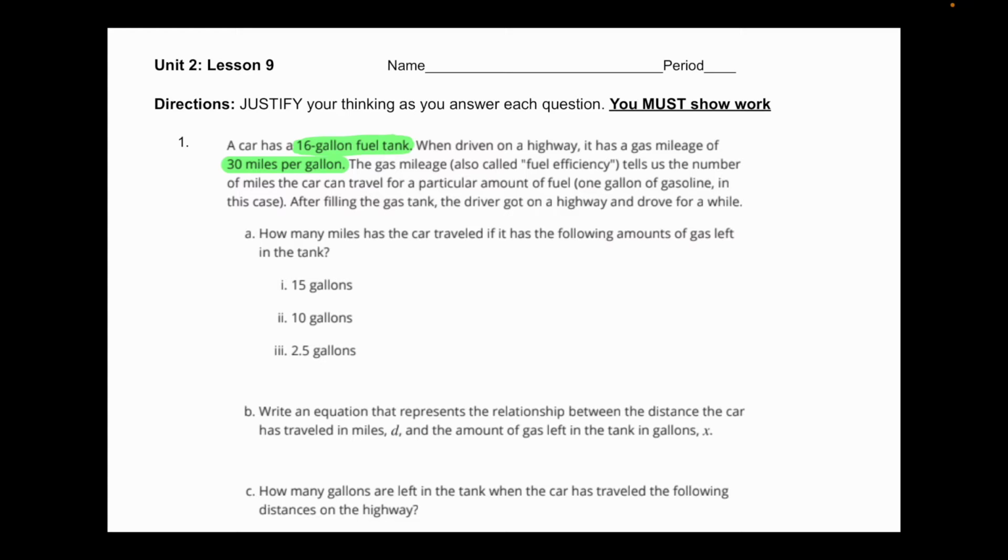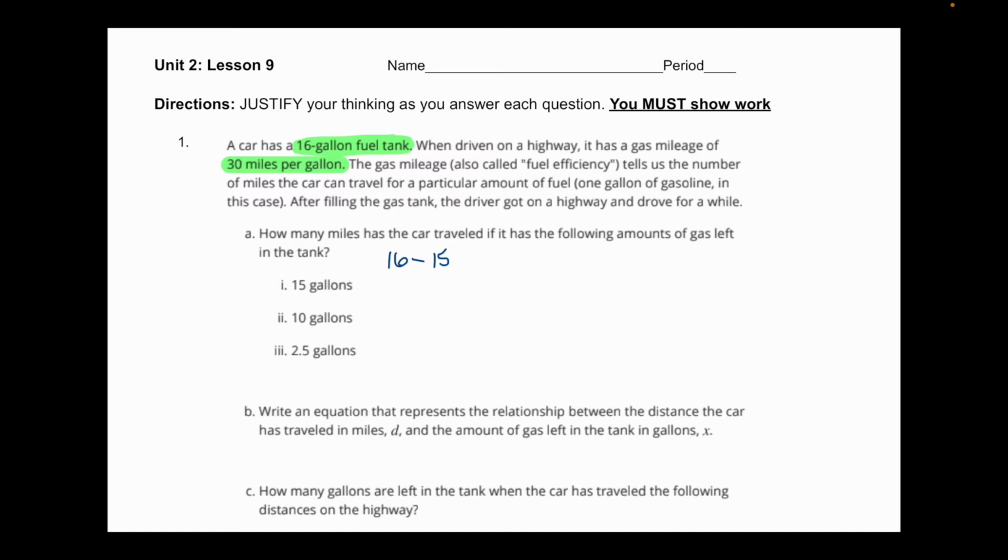So how many miles has the car traveled if it has 15 gallons left? We can do some arithmetic here. The 16 total that it started with minus what it currently has, the 15.